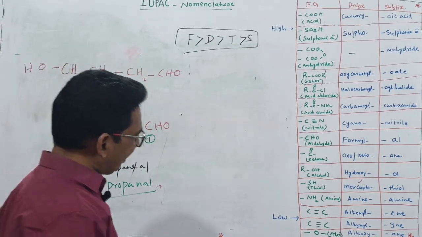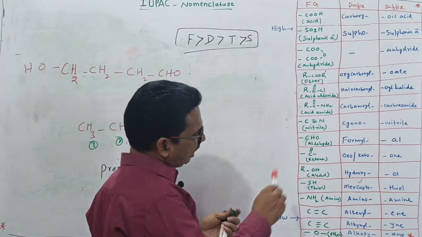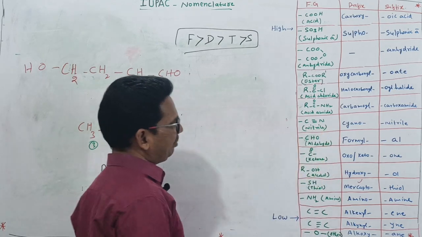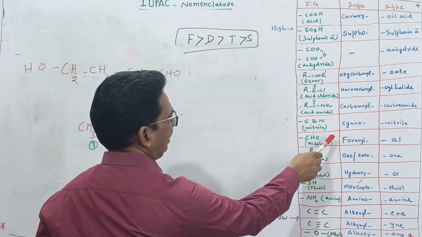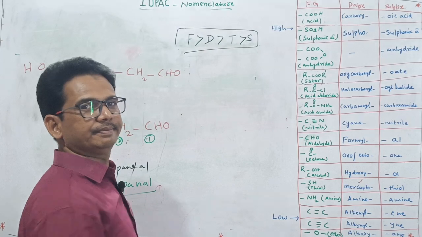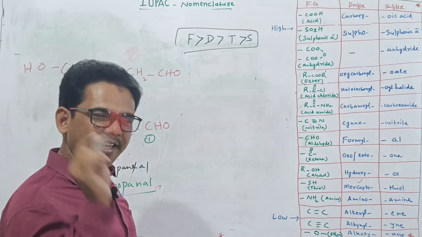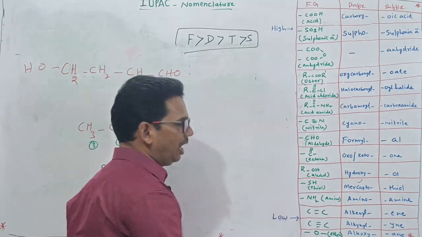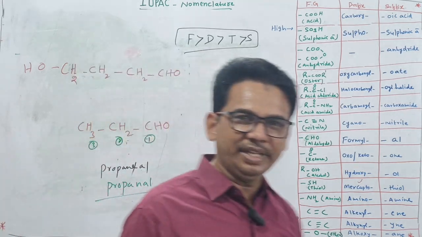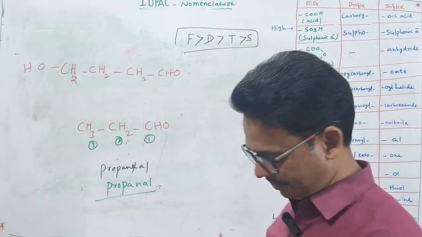Which one has more priority? इसमें aldehyde को ज्यादा प्रायोरिटी रहेगी. अल्कोहल यहाँ है, aldehyde उससे ऊपर है, हाई. Aldehyde MP है, अल्कोहल MLA है. रेस्पेक्ट किसको देना है? MP को दो.